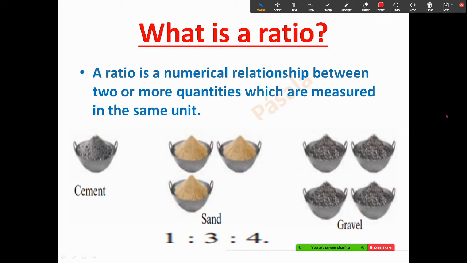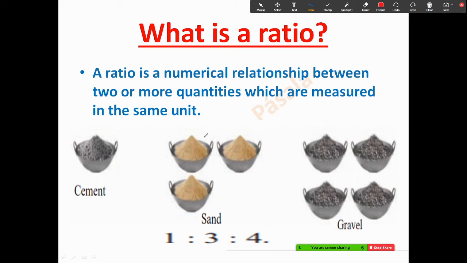What is a ratio? A ratio is a numerical relationship between two or more quantities which are measured in the same unit. In the same unit means the unit should be equal.